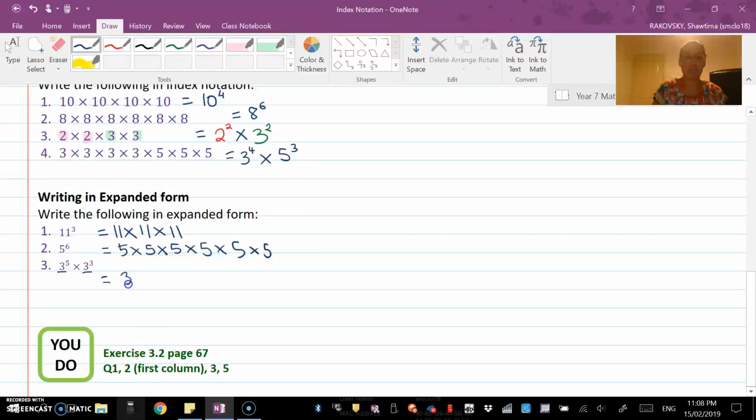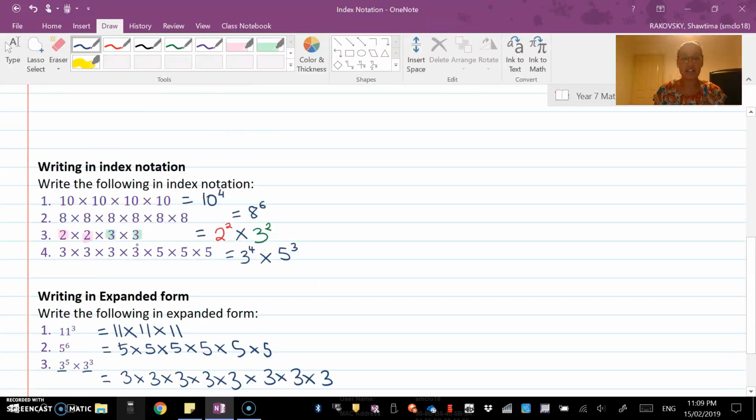So let's have a look. 3 times 3, because we've got 5 times 3, and 3 times. And if we have a look, 1, 2, 3, 4, 5, 6, 7, 8. So that's it written down in expanded form.